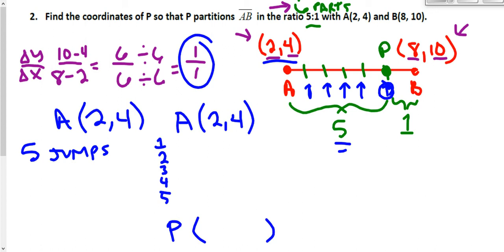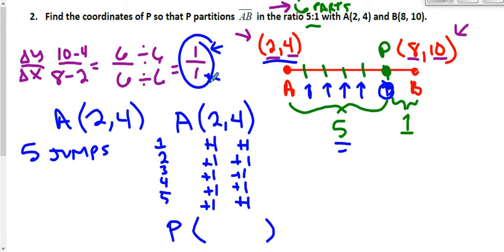So my first change is going to change the y values by 1 and the x values by 1. My second one is going to change the y values by 1 and my x values by 1. And each jump that I do is going to add 1 to my y values and to my x values, according to that ratio up there. I add 1 to my y and I add 1 to my x. So I need to add 1 to my y's and my x 5 times to find my new point.